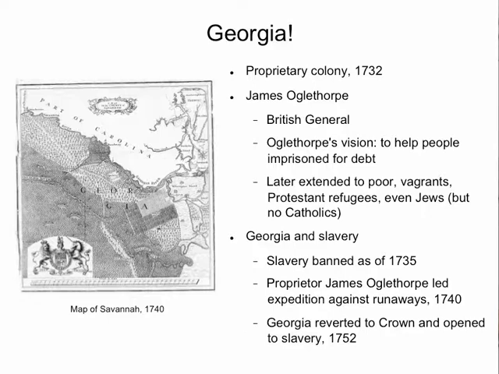And in fact, Oglethorpe proved that he didn't have any great humanitarian feeling for Africans, because in 1740 he actually led a military force down into Florida and attacked Fort Mose, which was a fort right outside of St. Augustine that was staffed by runaway African American slaves who were serving the King of Spain, according to King Carlos's decree.